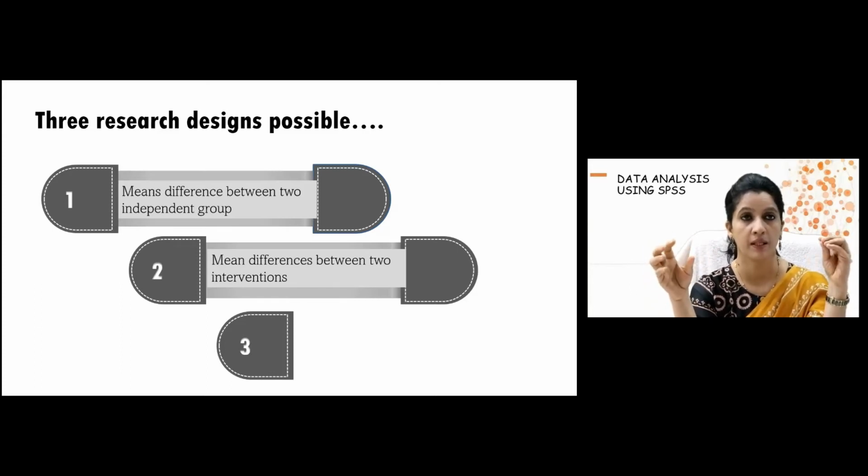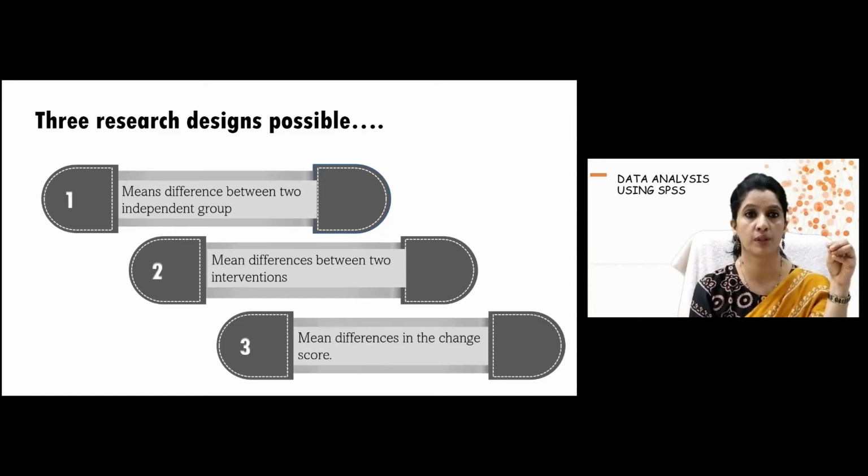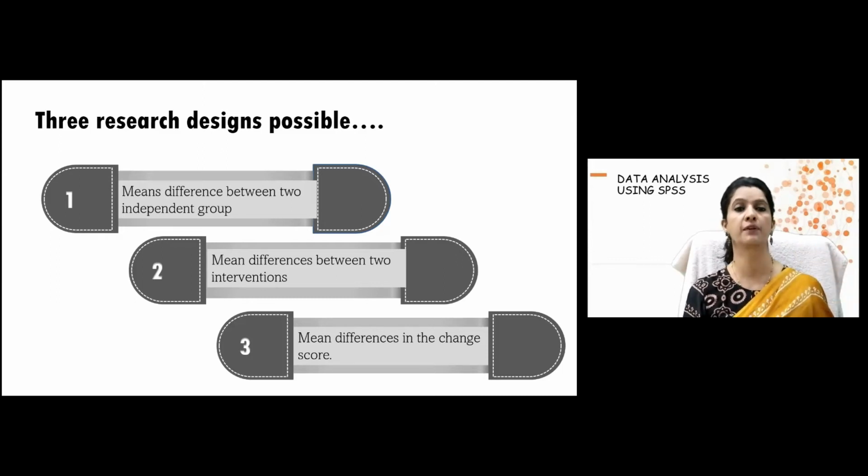There will be an initial systolic blood pressure, and then after administering the drug there will be another blood pressure. So there will be a difference of these reading 1 and reading 2. So you can compare the mean difference between the two groups or the two interventions, or you can again check the mean difference in the change score. But the criterion is that there should be two independent groups.